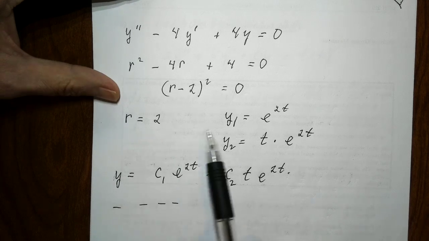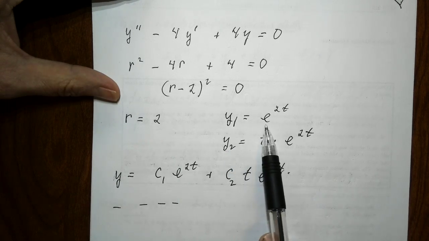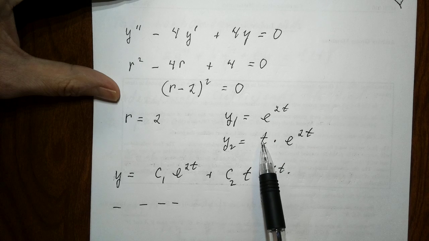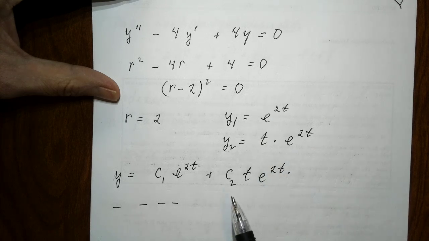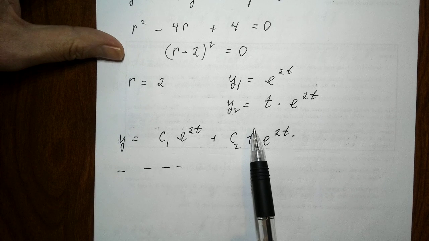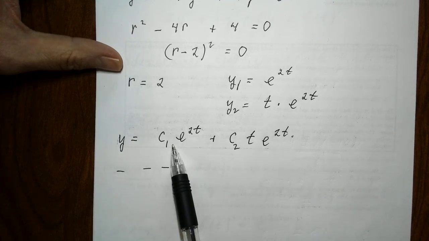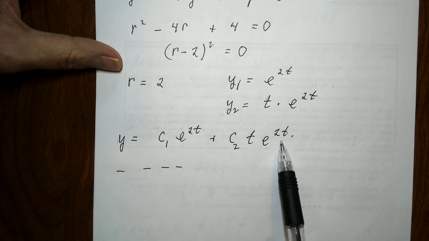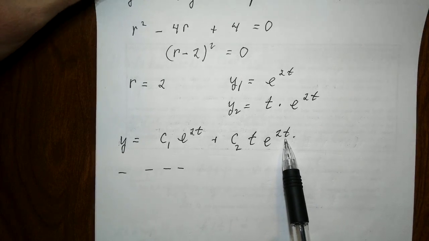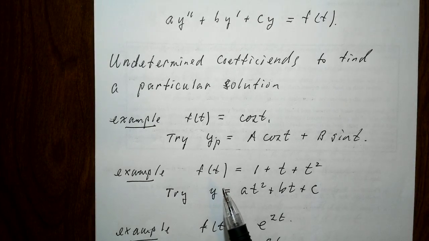So r is 2. Our first solution is e to the 2t. And then our second solution is just t times that, t e to the 2t. That's the idea of reduction of order. So our solution would be c1 e to the 2t plus c2 t e to the 2t. And of course, if we had initial values, we could determine what those constants are.